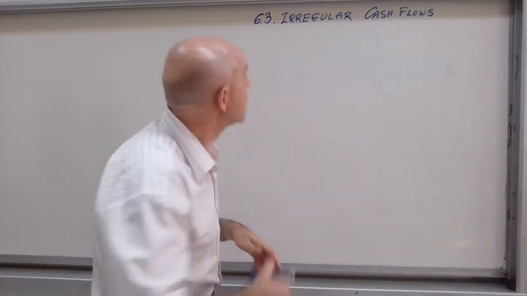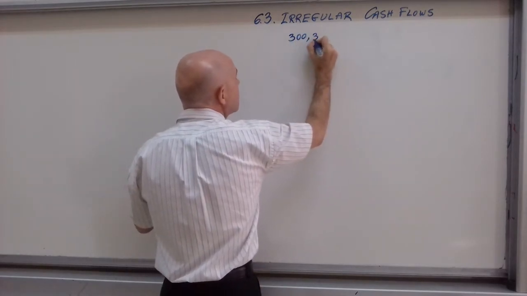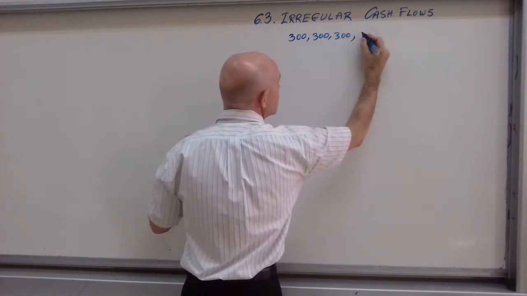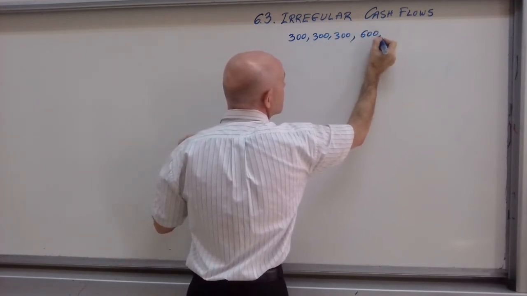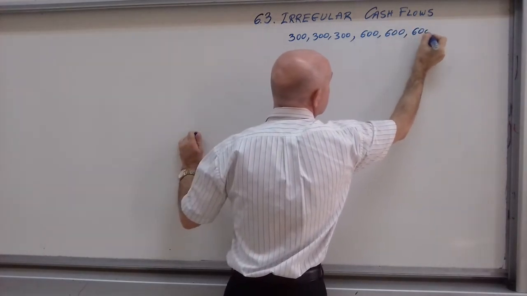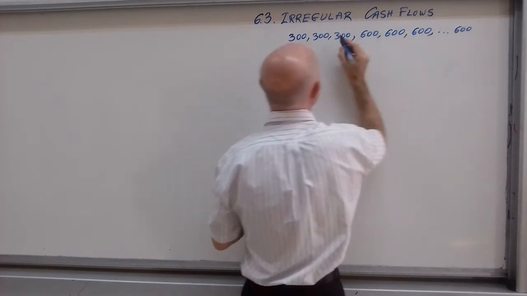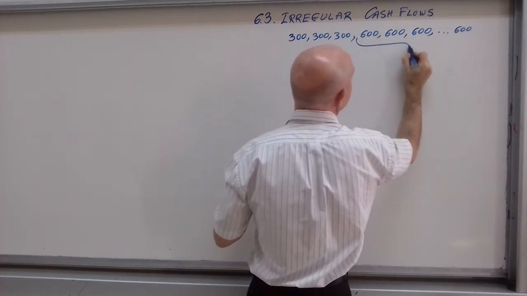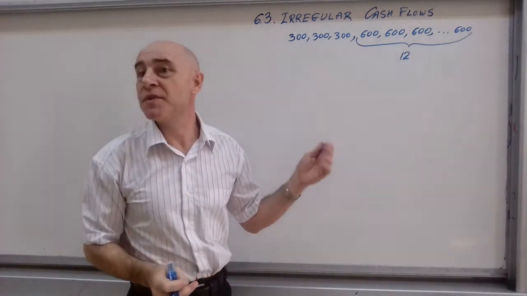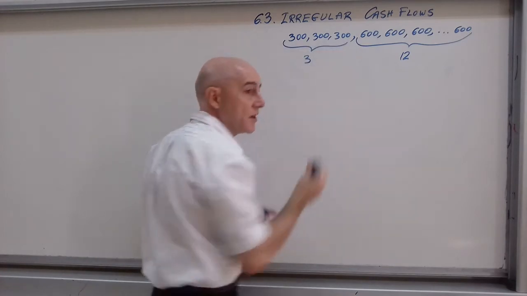For example, the first few payments may be 300, 300, 300, and then they switch to 600, 600, 600, and then, I don't know, maybe 12 payments here, and 3 payments here.